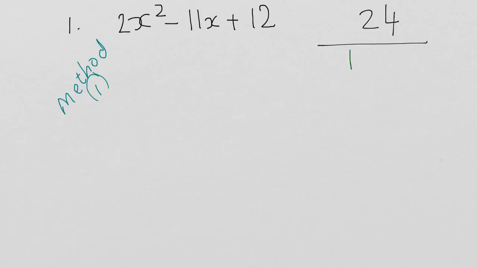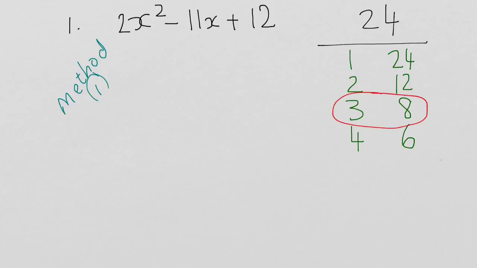So we have 1 and 24, 2 and 12, 3 and 8, 4 and 6. Now we want two numbers that when we add together are going to give us 11 from here. So 3 and 8 equal 11, so that's what we're looking at.